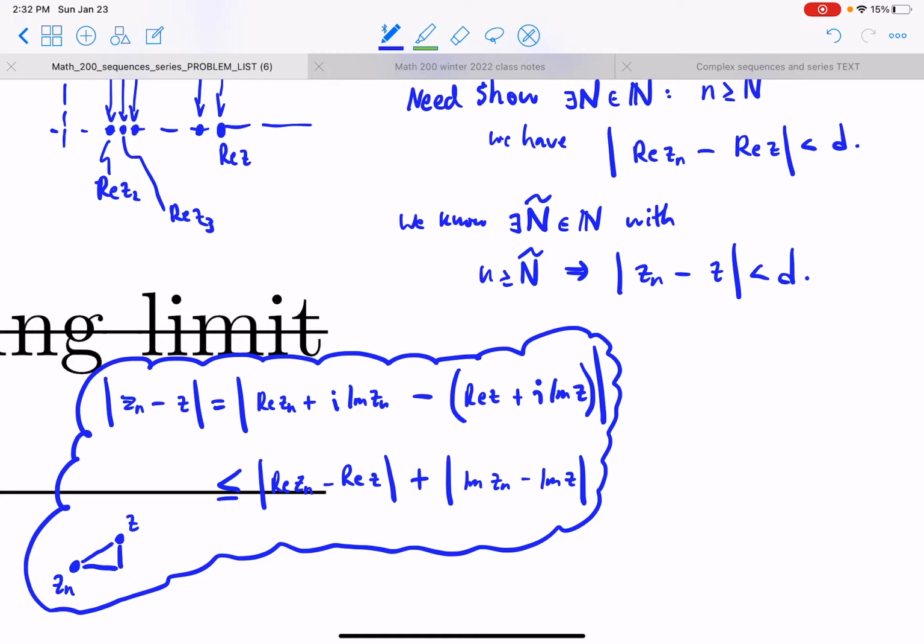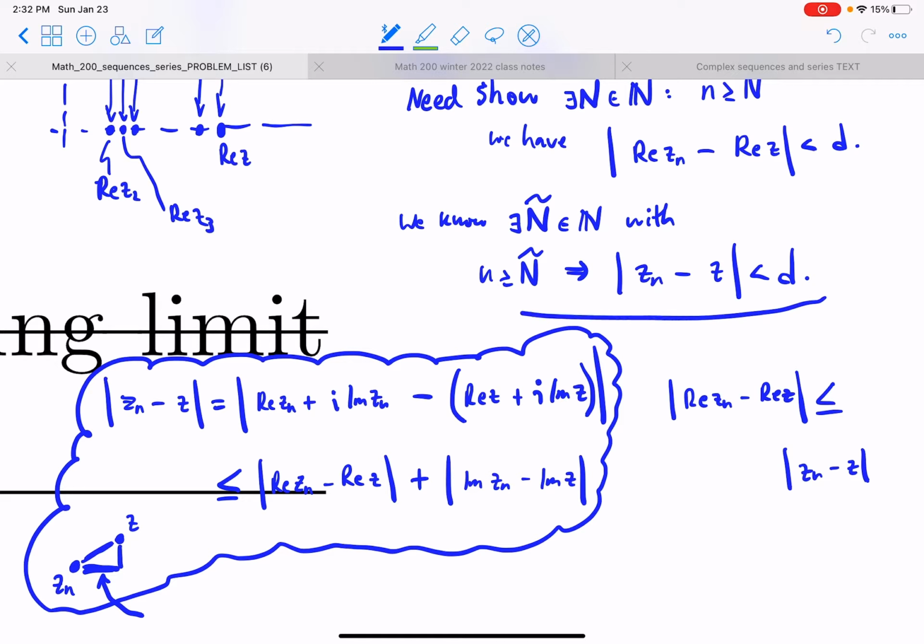Pretty clearly from this triangle, that line length here is less than that one. So what we have is that the distance between the real part of z_n and the real part of z is, in fact, less than or equal to this distance, just from triangles. So it is less than or equal to the absolute value of z_n minus z.